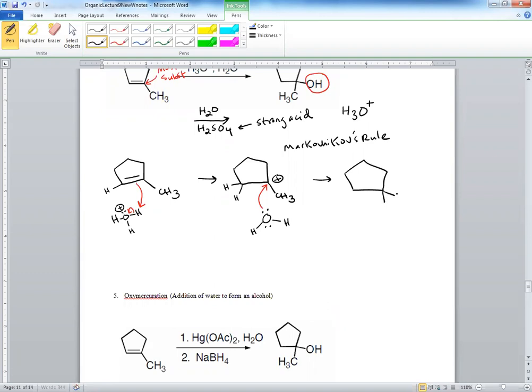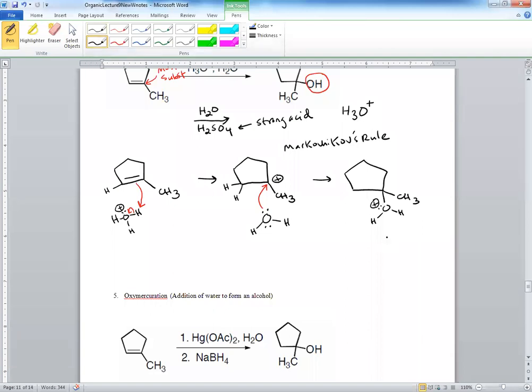And water now will be added. But as you're aware, water with 3 bonds gives you an oxygen with a positive charge. So just always be aware that you always need to remove an H from water to make it OH.